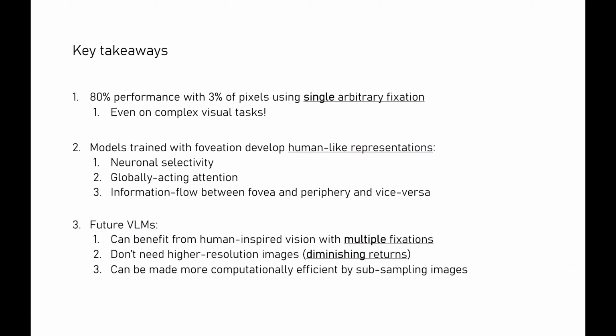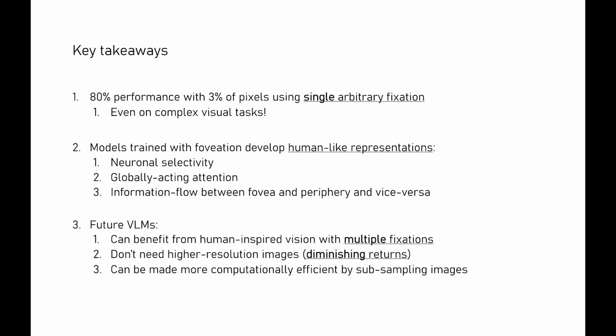The key takeaways from our study are that 80% of performance is achievable with just 3% of pixels, even on complex visual tasks. Secondly, models trained with variable sampling exhibit human-like representations, namely neuronal selectivity and a globally acting self-attention.